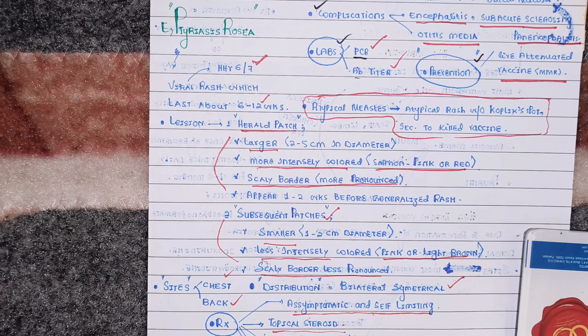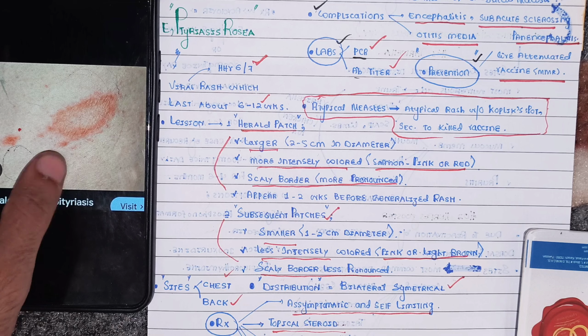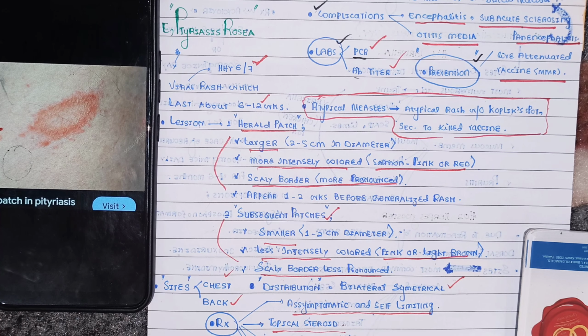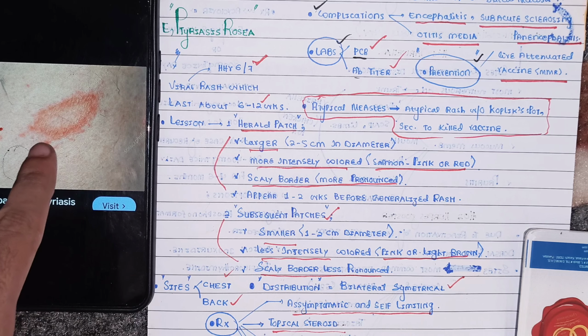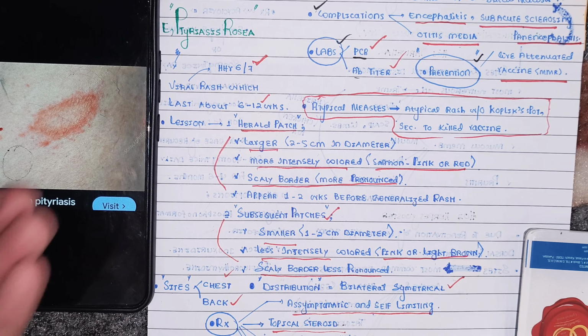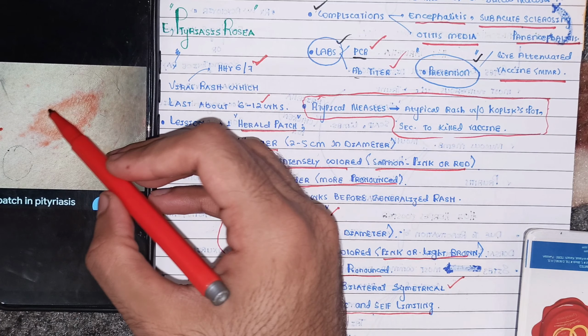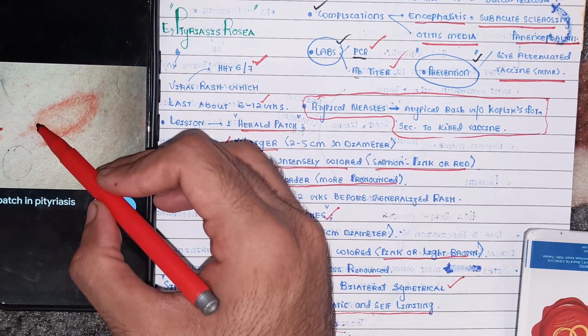Okay, now let me show you. Can you see this patch, beta? What type of patch do you think it is? Is it a herald patch or a subsequent patch? Okay, it is larger and very intensely colored. It is not salmon pink, but it is red at least, and it has prominent scaly borders.